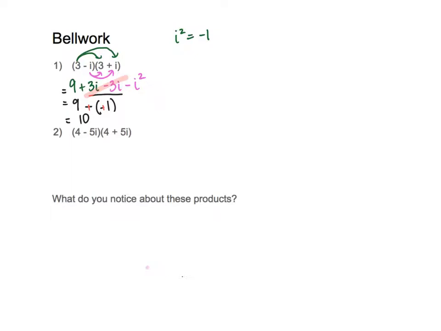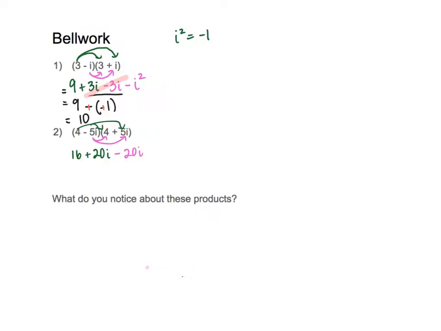Distribute my 4 into each term. So that's going to give me 4 times 4, which is 16. And then 4 times 5i is 20i. If I distribute my 5 here, my negative 5i, I get negative 20i.